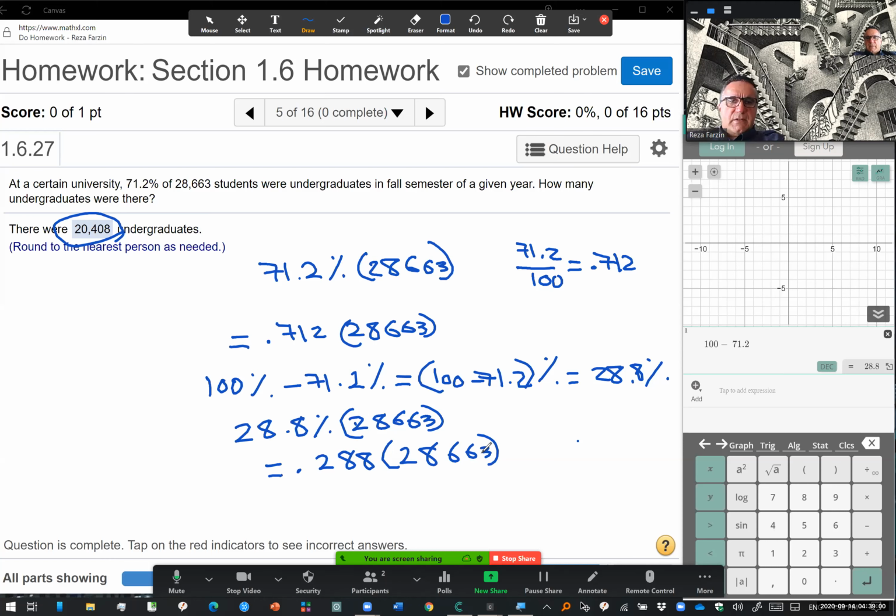So now we'll go back to the calculator and calculate 0.288 times 28,663. We notice that it's 8,255, if we round that to the nearest whole number. So 8,255 students are not undergraduates. Does that make sense?